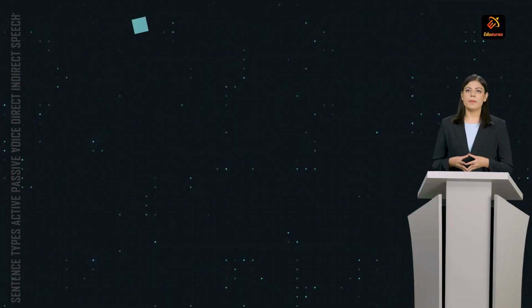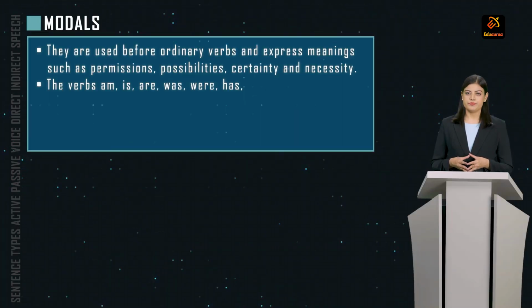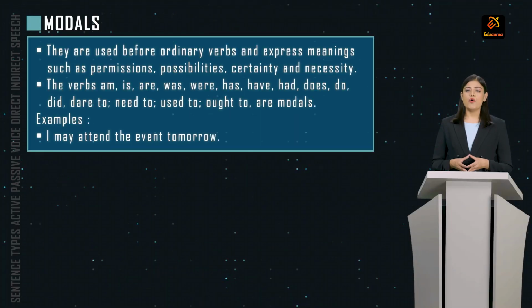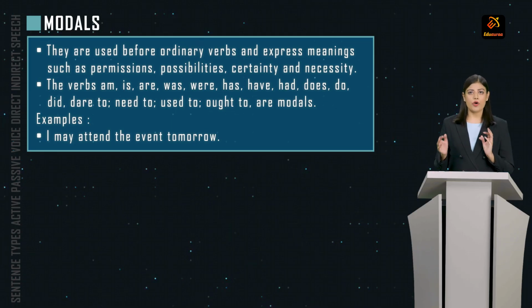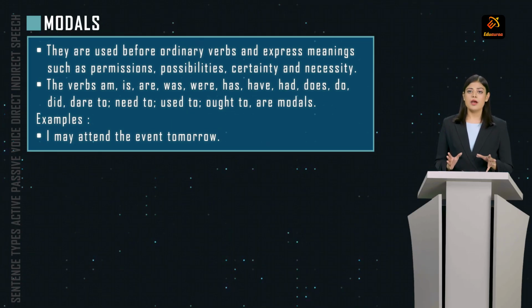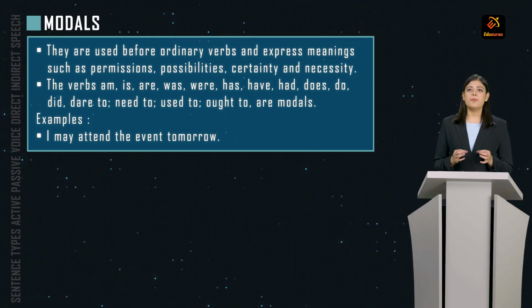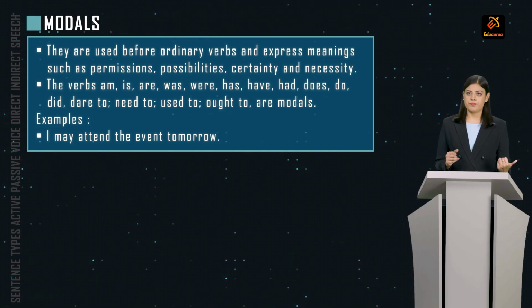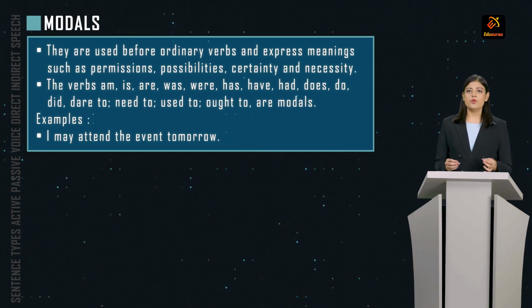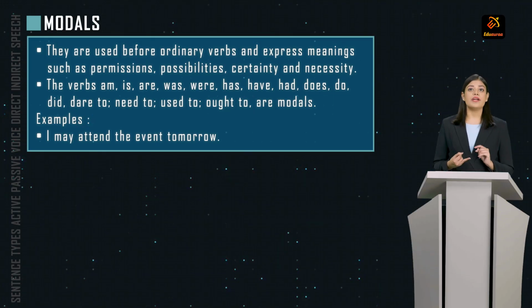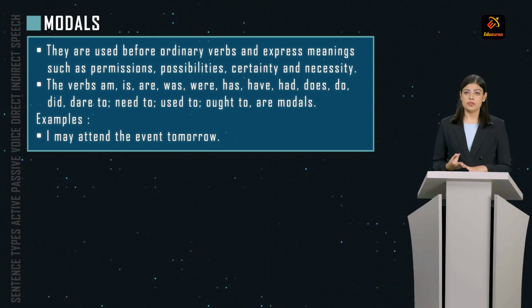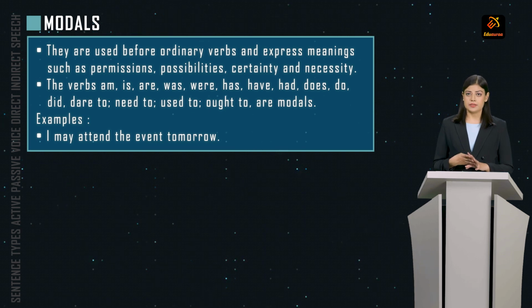Now let's talk about modals. Modals are words which also come before your main verb, but their purpose is completely different. They are used to show some sort of permission or advice or order or possibility.